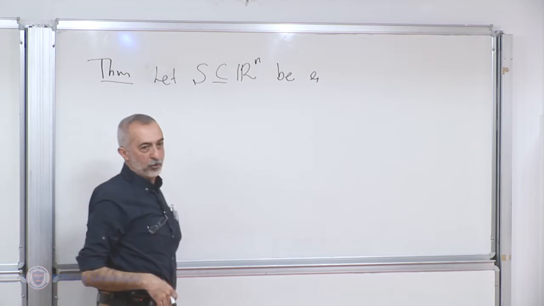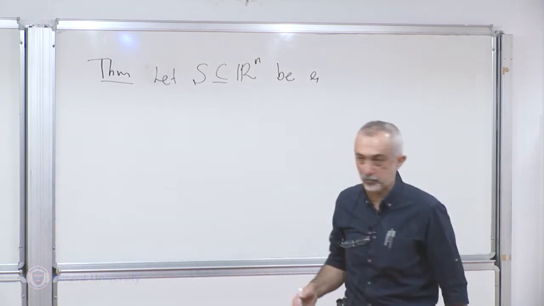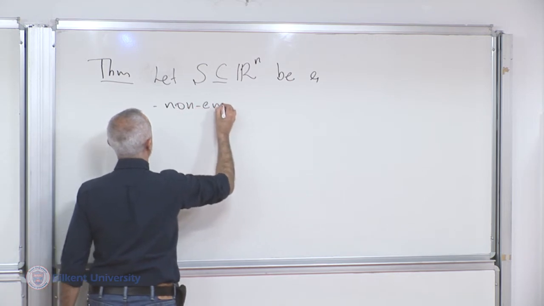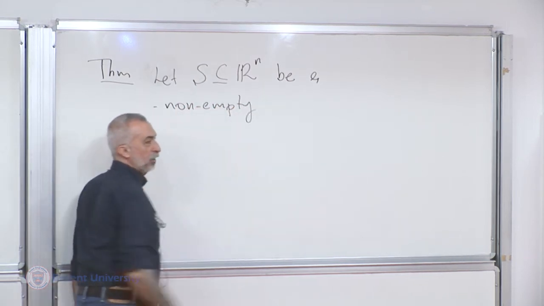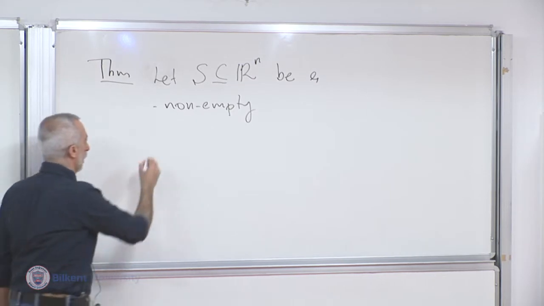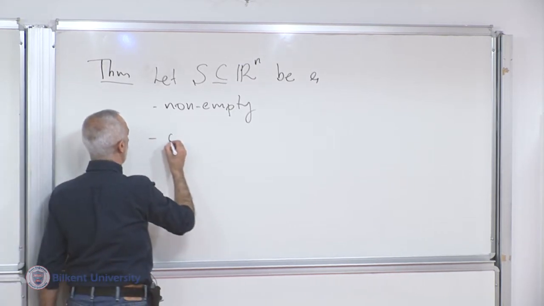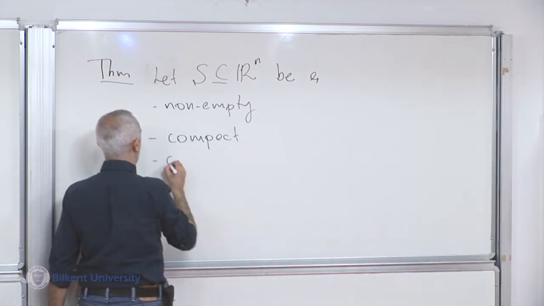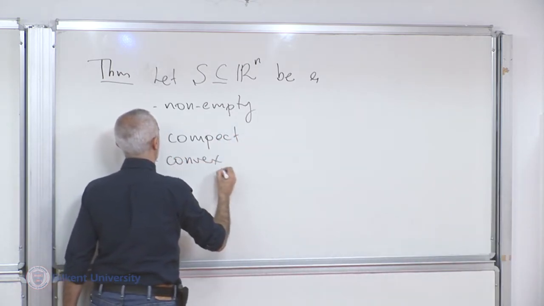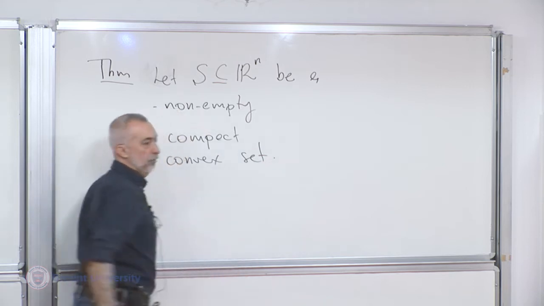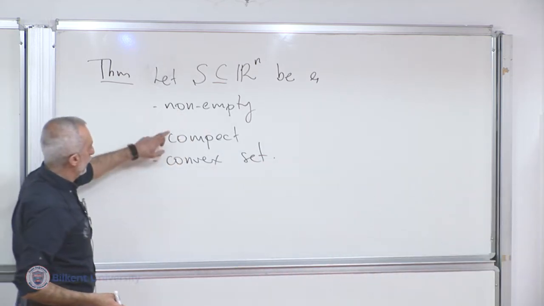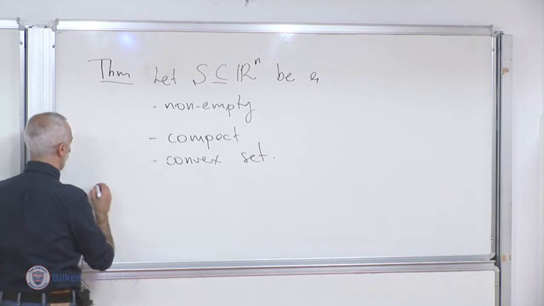First of all, for it to be interesting, it has to be non-empty, because we're going to define a function on it. It has to be compact and convex. Okay. So we take a non-empty compact convex set.